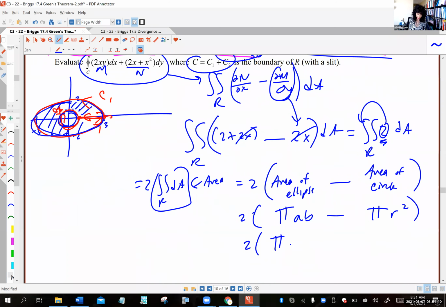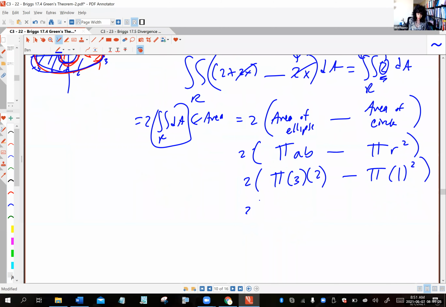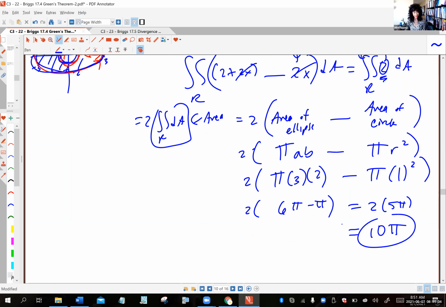Here A is the distance from the center to the horizontal boundary, 3, and B is 2, and this is a unit circle, so the radius is just 1. Oh, that's convenient. And this looks like 6 pi minus pi, in parentheses, 2 times 5 pi. I get 10 pi. Yay, and we're done. And there you have it, regions with holes.